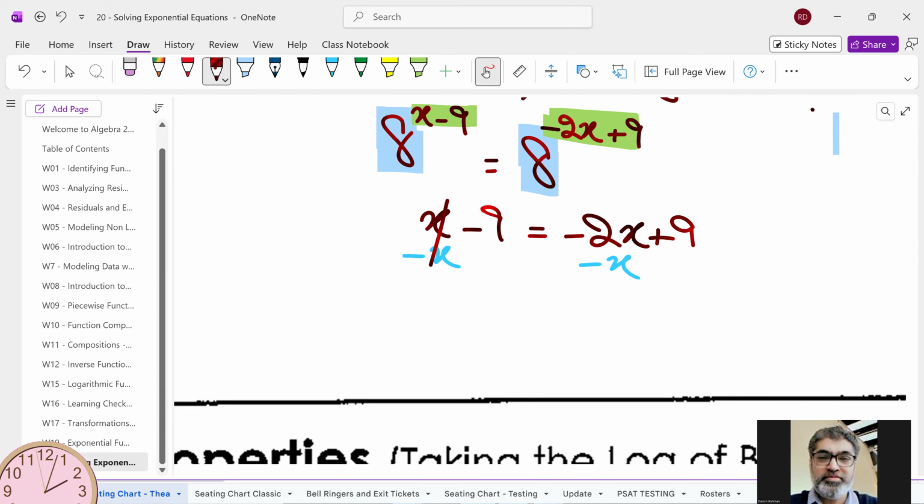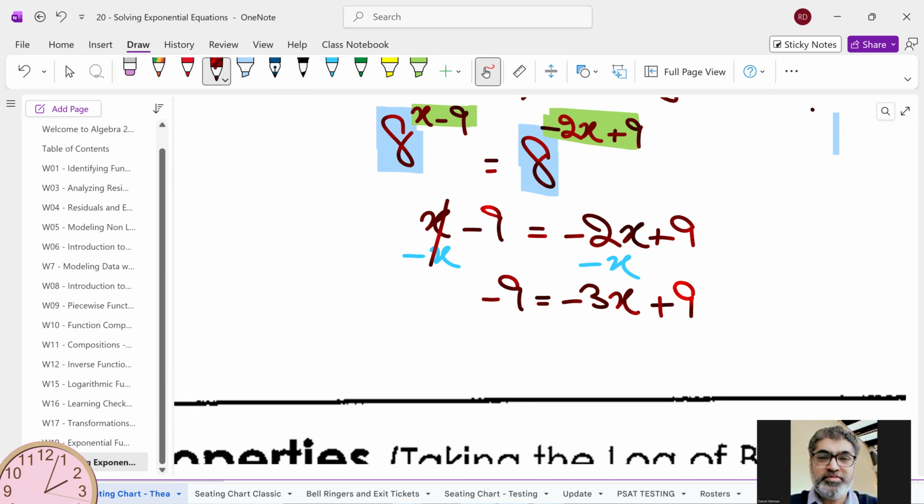X minus x is 0. Negative 9 equals negative 3x plus 9. Negative 2x minus x is negative 3x.